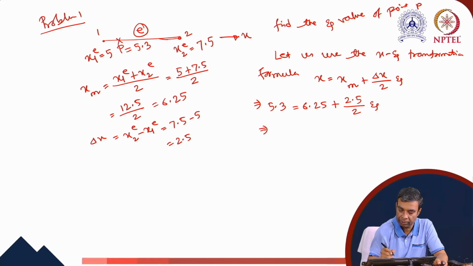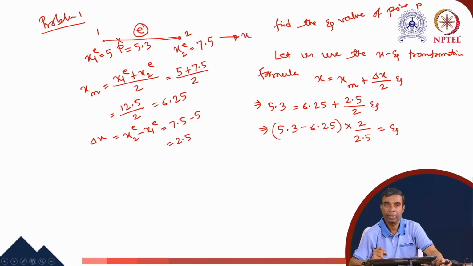So this gives us xi equals (5.3 minus 6.25) into 2 divided by 2.5. This is our xi coordinate. By evaluating this expression, we can find the corresponding natural coordinate of point P. Certainly we can understand from this calculation that xi will be a negative quantity.